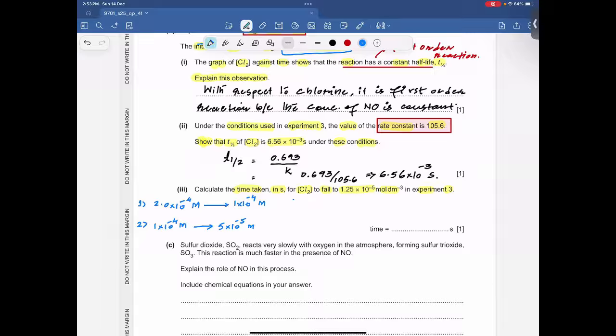Now in the third conversion, 5 into 10 to the power minus 5 molar is converting into 2.5 into 10 to the power minus 5 molar. And 2.5 into 10 to the power minus 5 molar is converting into 1.25 into 10 to the power minus 5 molar.